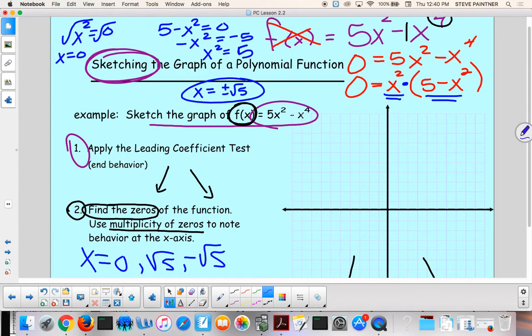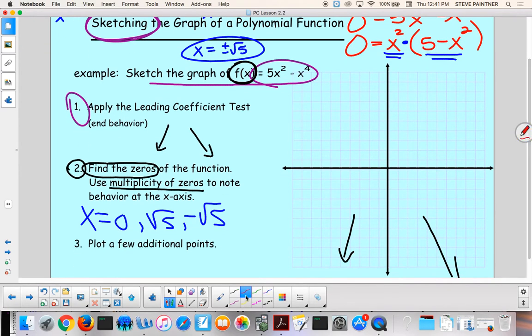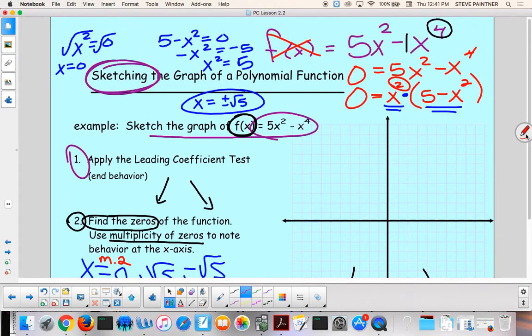Okay, let's count the multiplicity. So guys, when you look at your factors, your first factor is simply x. But what's it raised to? Second power, which means the multiplicity for this 0 is 2. Okay? Now go look at your other factor. Your other factor is 5 minus x squared raised to the first.